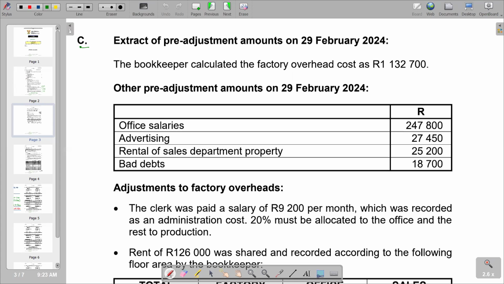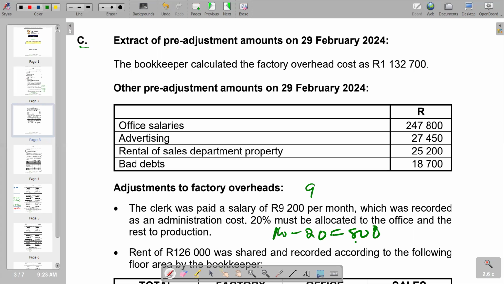So if 20% is to the office, then the rest to the production, and we have to say 100 minus 20, and then we get 80%. So it means 80% is supposed to be allocated to the production. We are told that it is 10,200 per month.